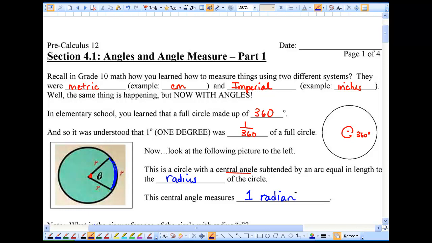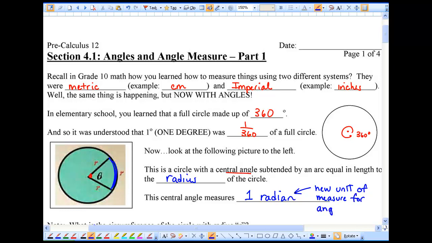Yes, you might have seen this on your calculator. It's the RAD that you see, or the R. And so this is our new unit of measure for angles.